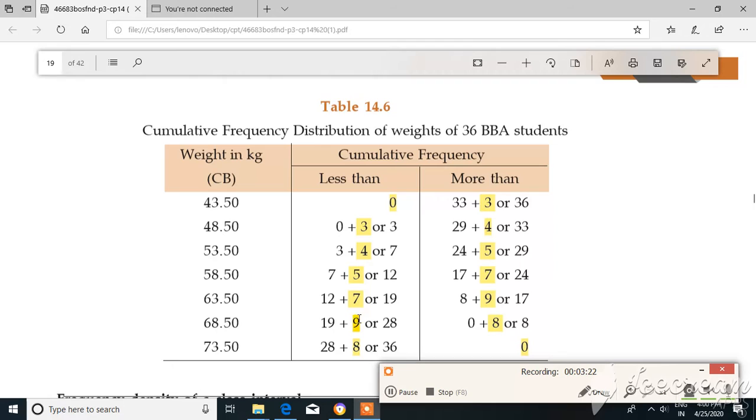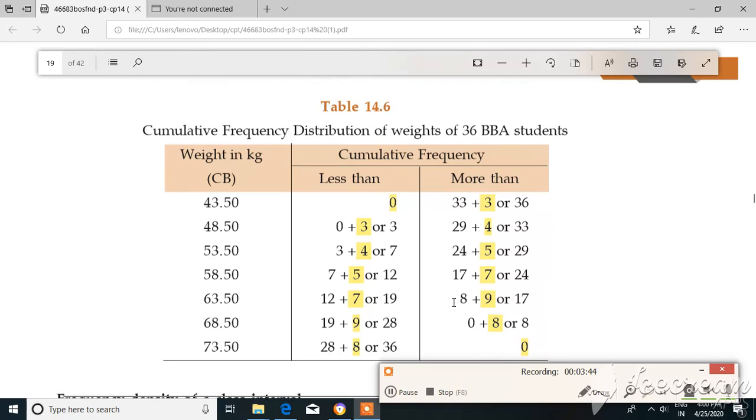Then 19 plus 9, 28, and finally 28 plus 8 equals 36. So from this what I observe is this 36 is actually your number of observations, or summation of all fi is nothing but 36. So this is less than cumulative frequency.